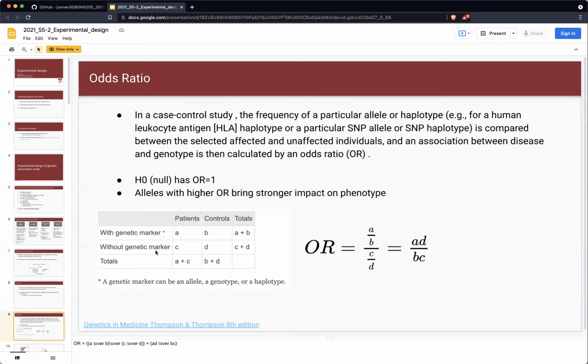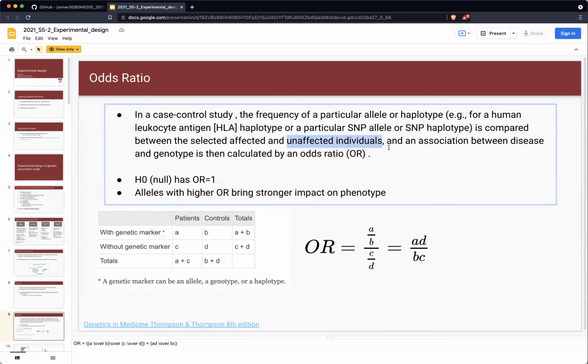One example is the case control study, where the frequency of a particular allele or haplotype is compared between the selected affected individuals, which are the cases, and controls, which are the unaffected individuals. You can measure an association between disease and genotype, and this is calculated by odds ratio.